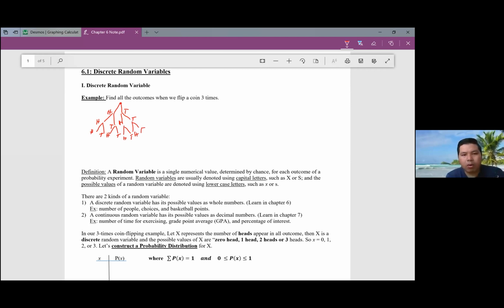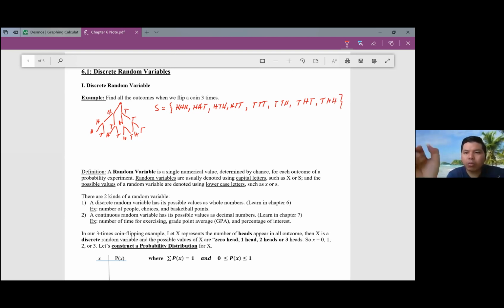When you list out all the combinations, my sample space will contain head, head, head, and then head, head, tail, and then head, tail, head, and then head, tail, tail. That's the first half, and if I continue the other side, we have tail, tail, tail, tail, tail, head, tail, head, tail, and then tail, head, head.